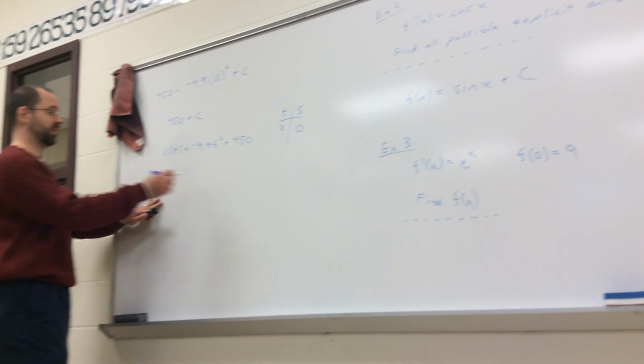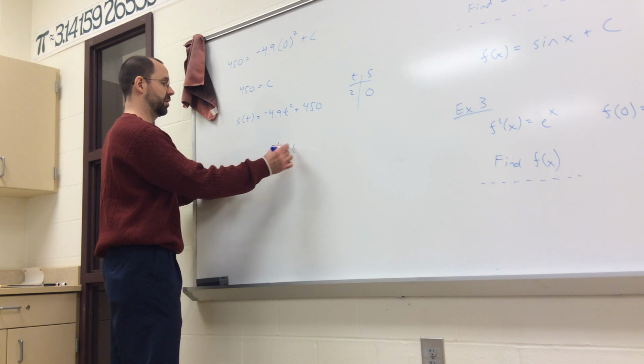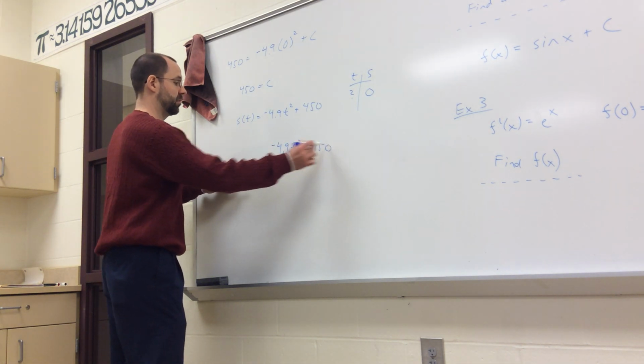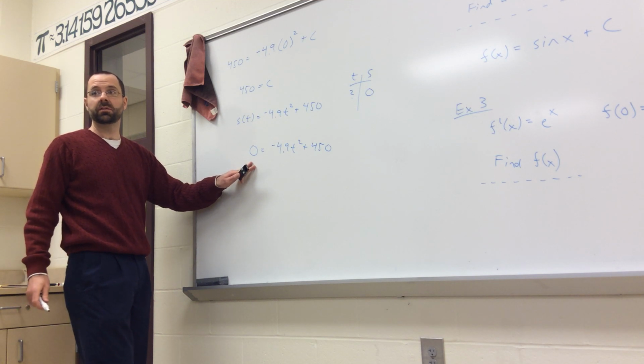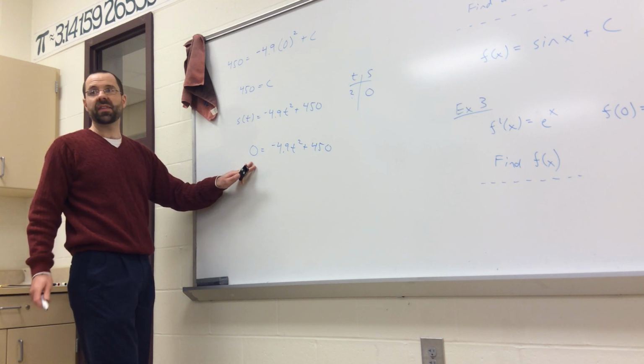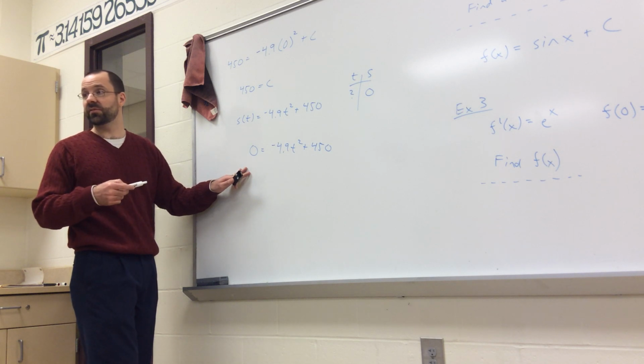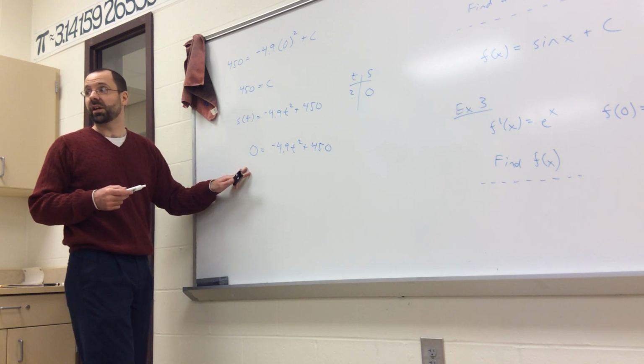Okay, so that means I need to figure out when this equation will spit out 0. In other words, when will the position be 0? And that's pretty easy to solve. You just subtract the 450, divide by the negative 4.9, and square root.